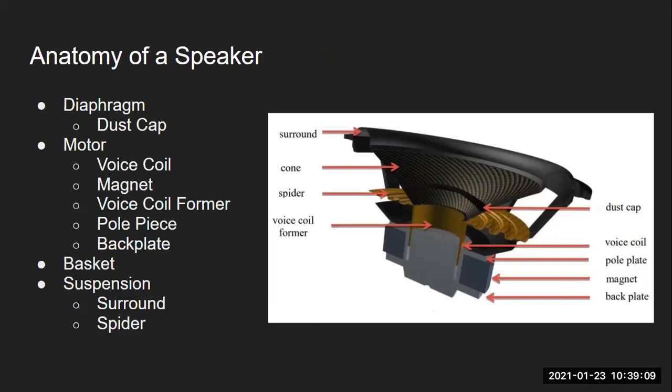Then you have the cone being suspended by both the surround and the spider. The surround's job is to seal the front of the diaphragm off from the back of the diaphragm, and also to help center the cone. And then the spider is there to center the cone in a more aggressive way.